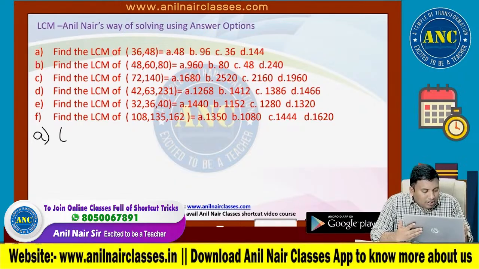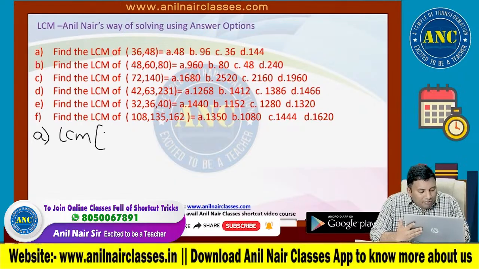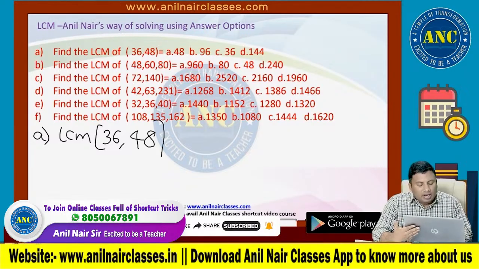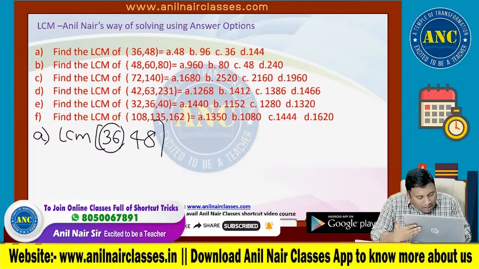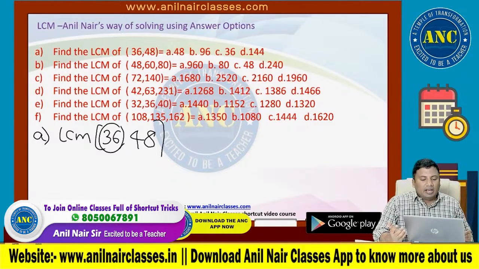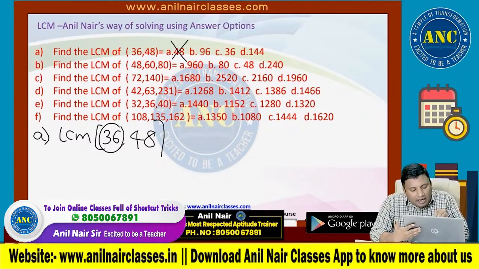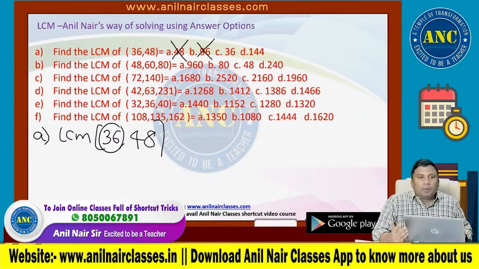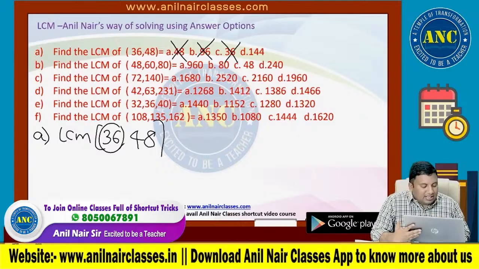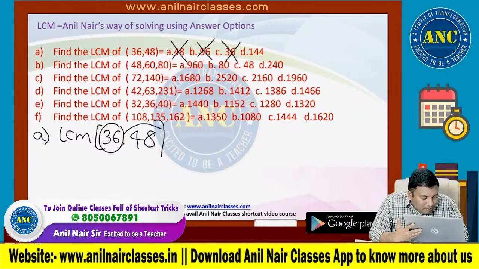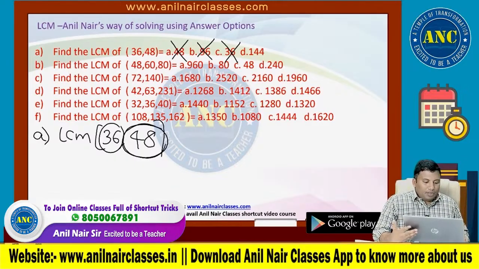First question, LCM of 36 and 48. 36, one number's digital sum is 9. Answer digital sum should also be 9. 48 is 4 plus 8, 12, 3. 96 is 9 plus 6, 15, 6. 36 cannot be the answer because LCM is either the largest number or its multiples.